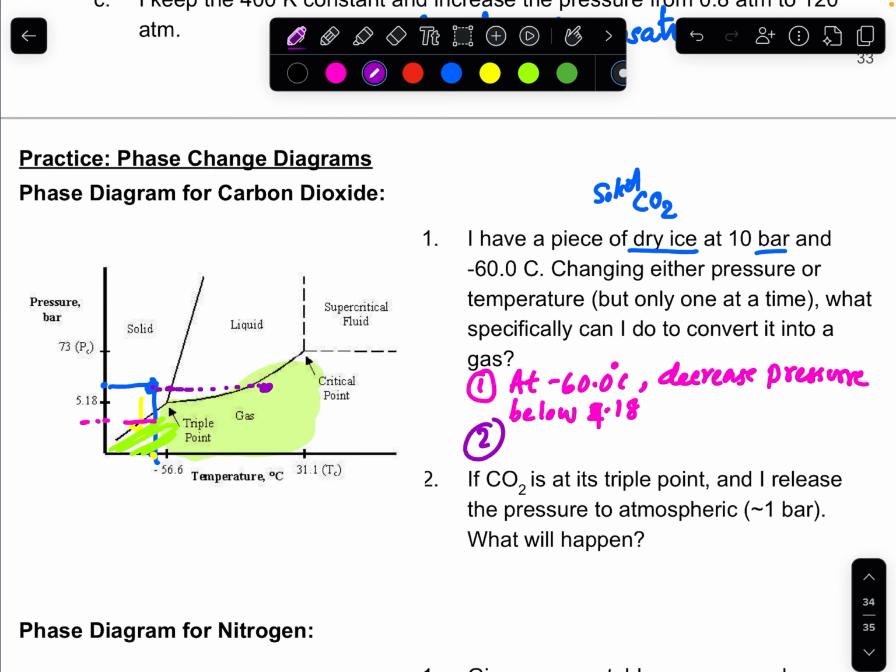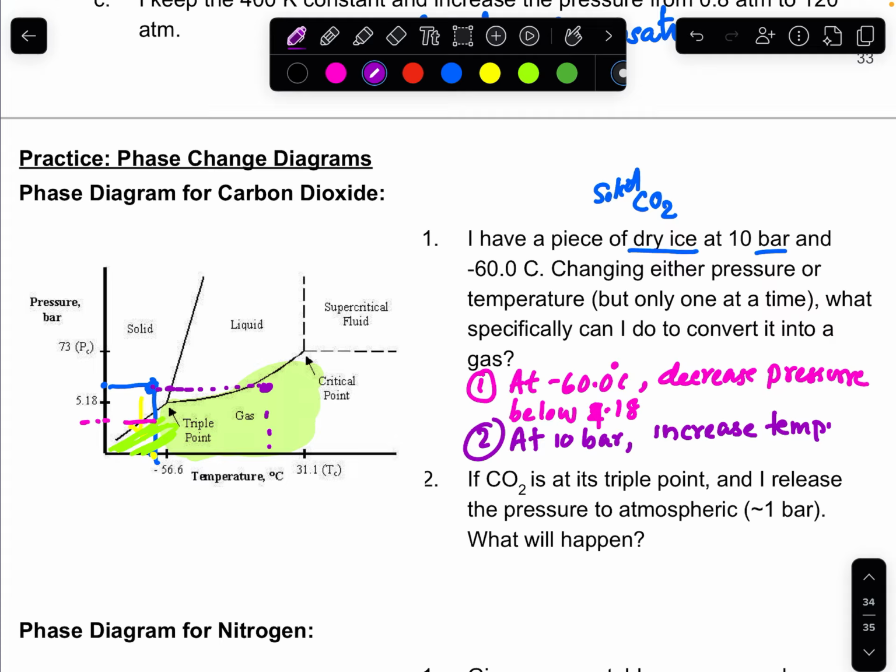Then we can reach here. Okay, second one, at 10 bar pressure, increase what? Increase temperature. That means you will move towards the right. Temperature are almost somewhere here, which is 31, right? Maybe 56.